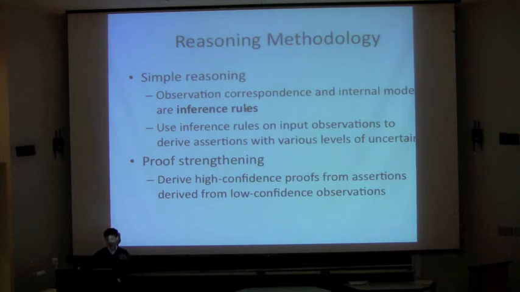You can use the inference rules on input observations to derive new facts. And the mode, the confidence level, tells you the confidence of the eventual fact you derive. We take the weakest link. So if you have a possible in one of those chains, then you only have a possible at the end. This is called simple reasoning.